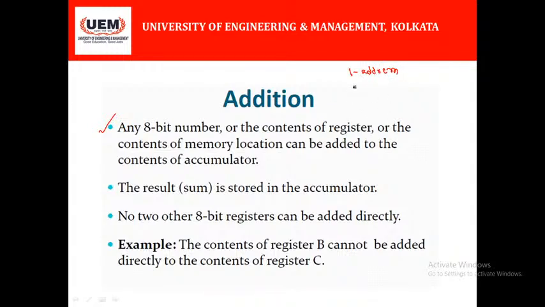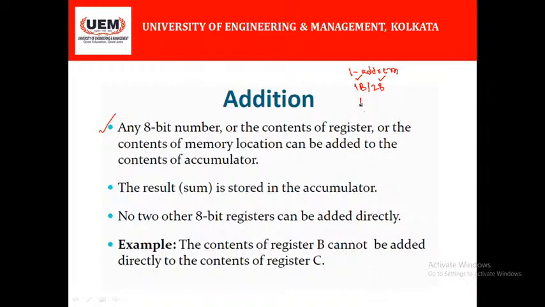All the arithmetic instructions mostly require either 1 byte or 2 bytes. If they are in register addressing mode or memory addressing mode, they require 1 byte. If they are in immediate addressing mode, they require 2 bytes.